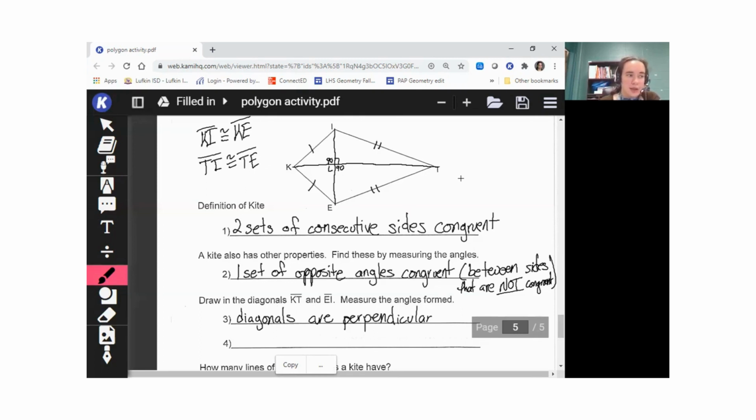The other thing you know about kites is that one diagonal bisects opposite angles. And the diagonal that bisects the opposite angles is also the line of symmetry.